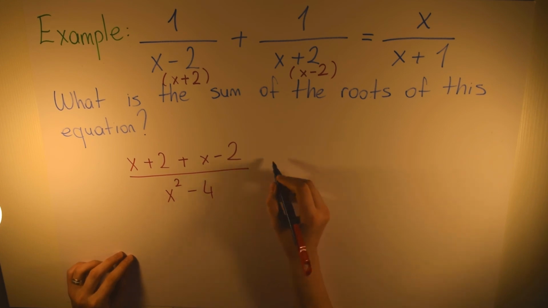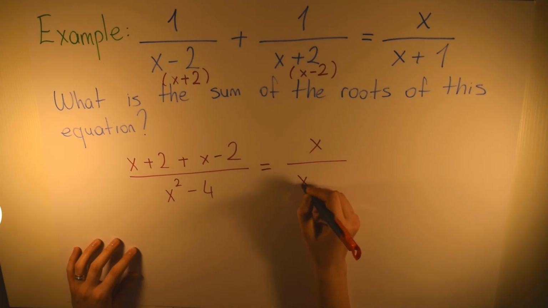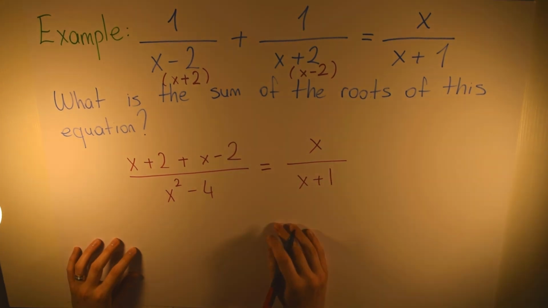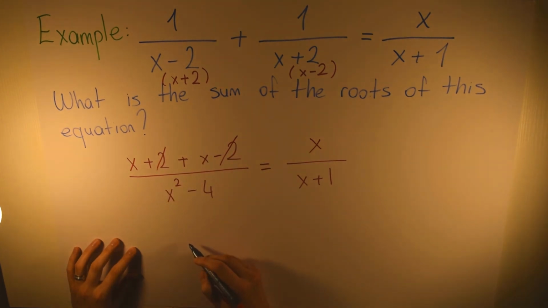So from here this is equal to x over x plus 1. Here these will cancel out each other, and then from here I will get 2x over x squared minus 4, which is equal to x over x plus 1.